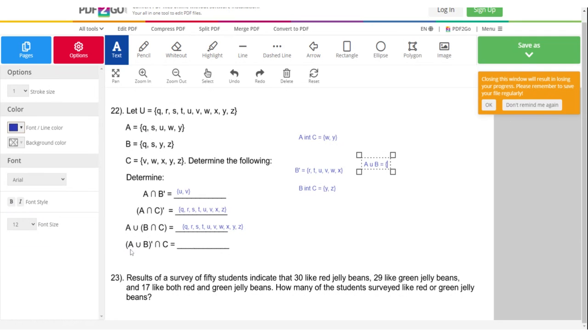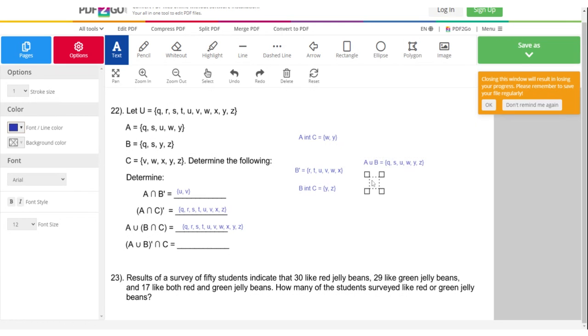A union B: Q, S, U, W, Y, Z. That's A union B. We're just kind of squashing them together so that we got both of the elements there. And then we got to take the complement.